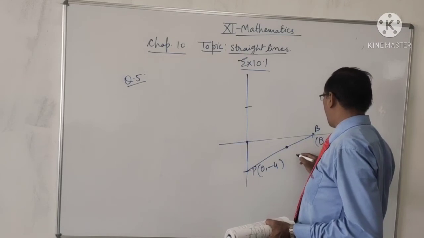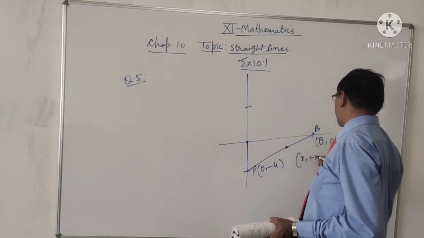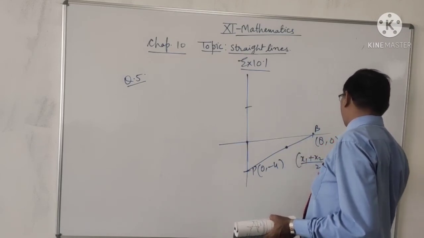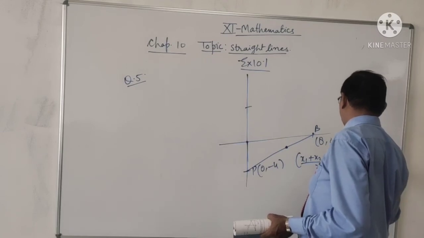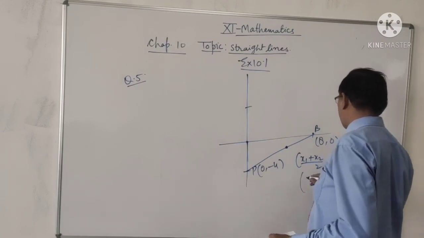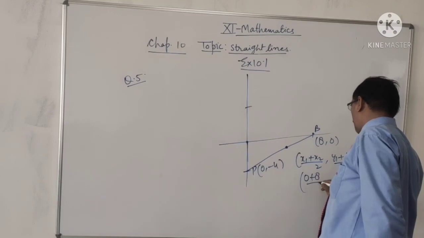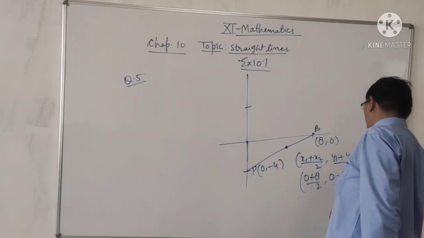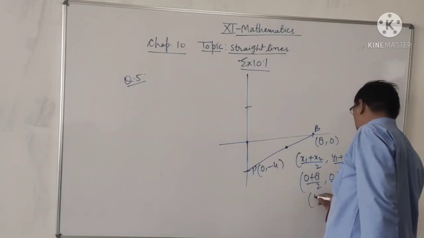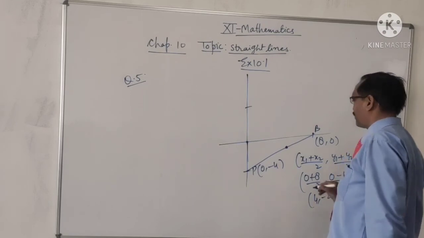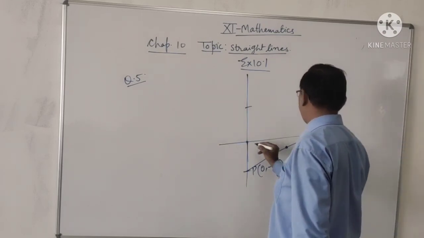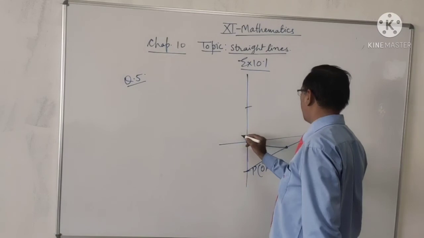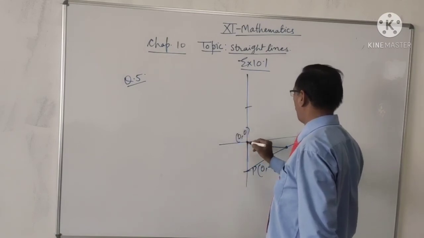There is a formula: (x1 plus x2) upon 2, (y1 plus y2) upon 2. So it is (0 plus 8) upon 2 and (0 minus 4) upon 2. So it is 4, minus 2. Now we have to find the slope of this line. The coordinates of this are 0, 0, the origin.